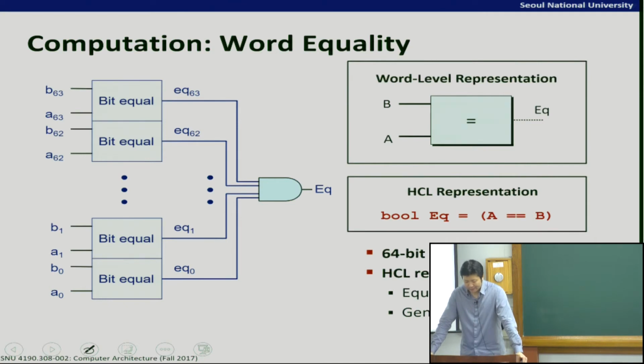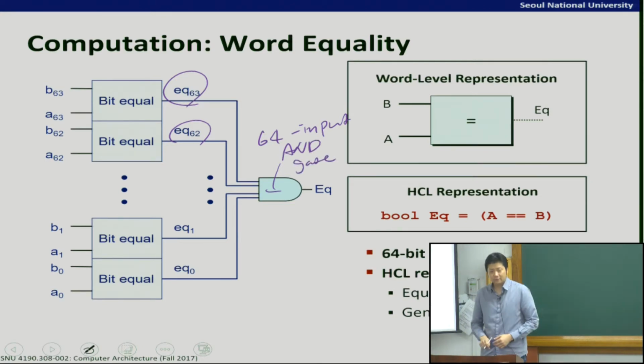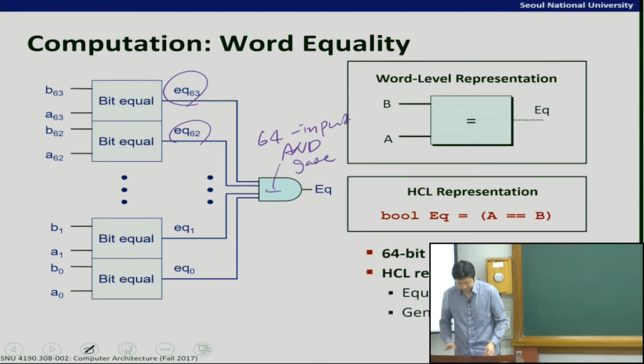We can expand this bit equality to word equality. Now we can replicate this bit equality 64 times, and then gather all these output signals into a single AND gate. So this is like a 64-input AND gate, a huge AND gate.